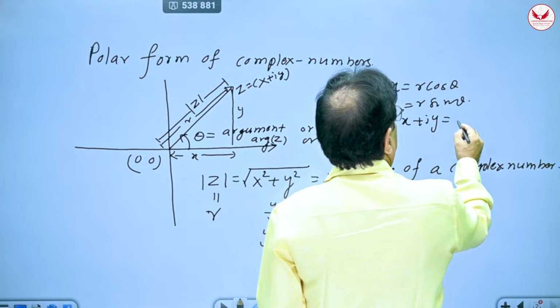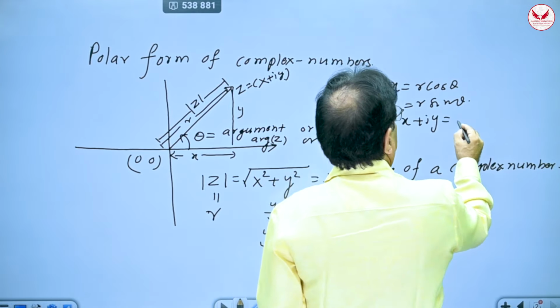Correct? So always remember, what is mod z? Mod z is equal to square root of x square plus y square. And what is theta? Theta is tan inverse of y upon x, right? At least the preliminary information is given to you.